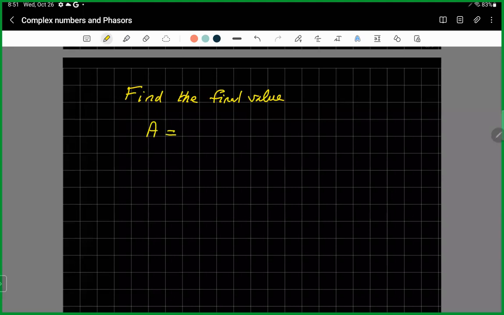A is equal to 6 plus J5 plus 3 minus J4, times 10 angle 40, divided by 30 angle 53.1 degrees.